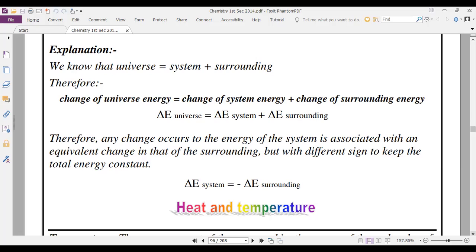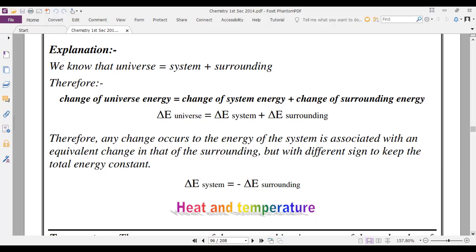So they will have opposite signs, because delta E system equals negative delta E surrounding. Mariam, there can be loss or gain of energy between both system and surrounding. So losing energy will be met by gaining energy. Okay, Mariam?